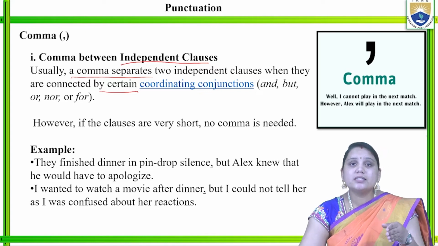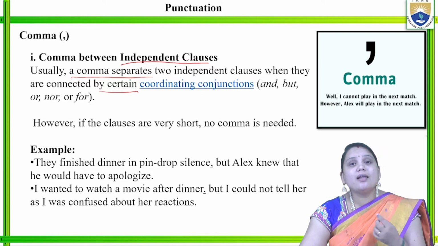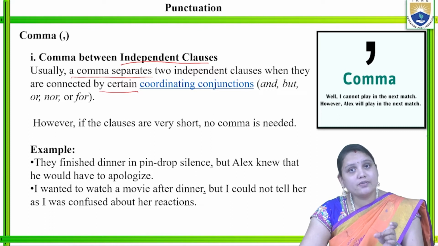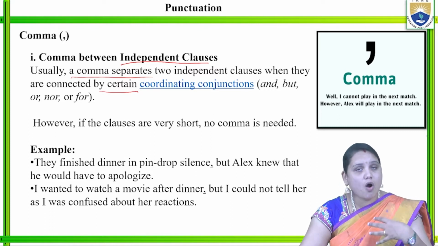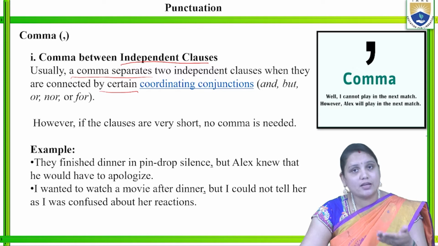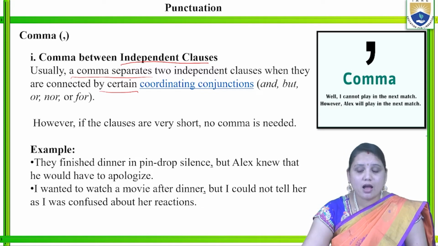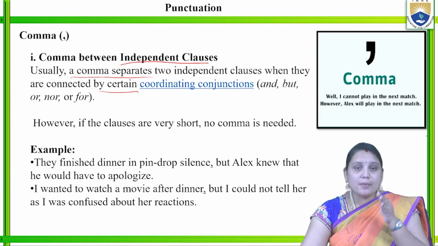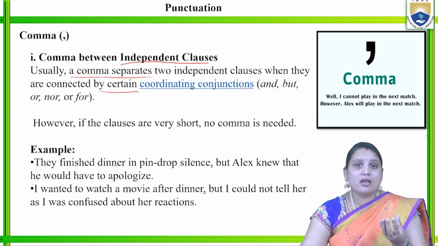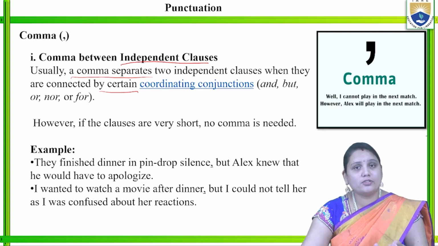Mostly these sentences which are connected with coordinating conjunctions, that is and, or, nor, we generally tend to use this comma. However, if the clauses are very short, no comma is needed. Depending on the length, or the way you are going to project the meaning of that particular sentence, you are going to use comma.